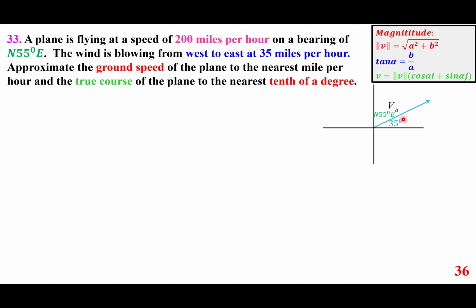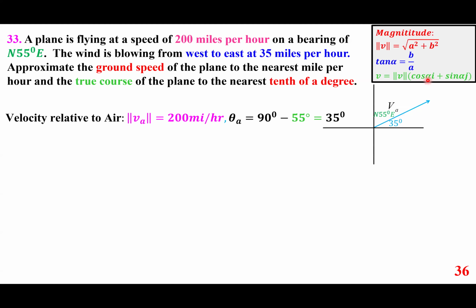This angle is 90 minus 55 or 35 degrees, because in this format, alpha represents the angle that it makes with the positive side of the x-axis, or i. The wind goes from west to east, this way, which is parallel to this line, which means the magnitude is 35 miles per hour, but the angle it makes is 0 degrees. So this is our drawing.